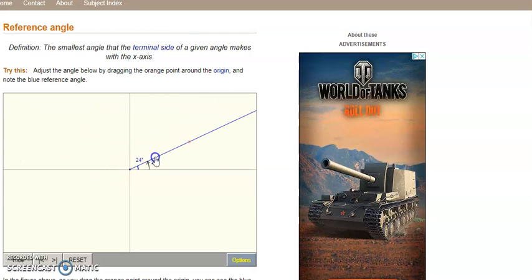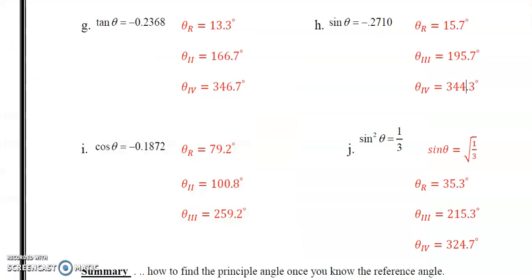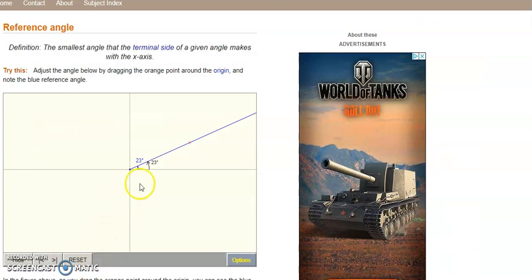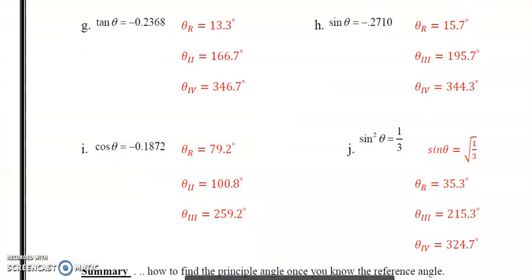remember, our reference angle, again, this is going to be an approximate. And it was 15.7, right? Again, this is just 15. So if we're looking for a reference angle of 15, we're talking the 195-ish, and 15 here, we're talking 345-ish, and that's where these values come from.